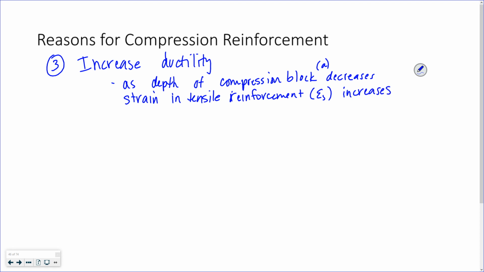Go back and look at those drawings to maybe understand how we got there. Basically, your compression steel is supplementing your concrete compression, so you don't need as much of your concrete to be in compression. Decrease that neutral axis, increases the strain in your tensile reinforcement, increases the likelihood of a ductile failure, which is the next thing.